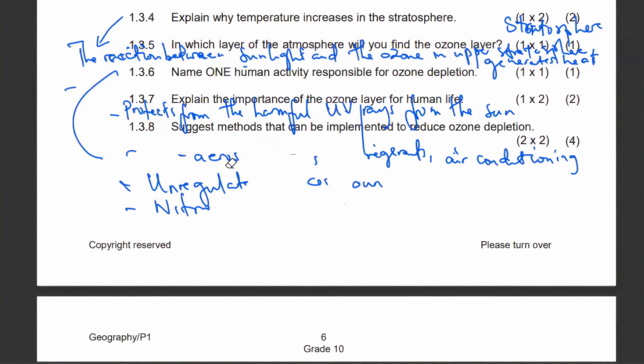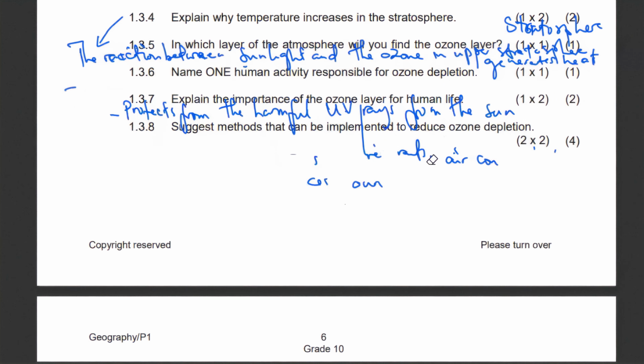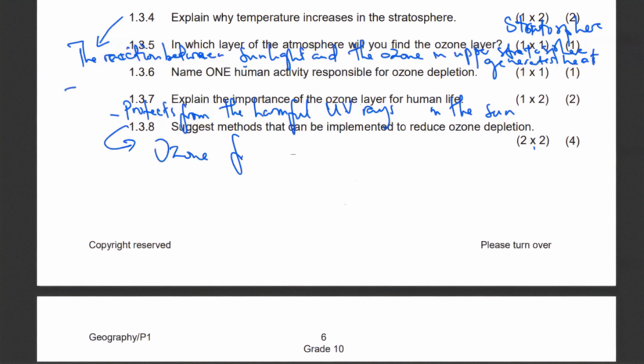Right, then look at the last question. Suggest methods that can be implemented to reduce ozone depletion. What methods can we put in place to reduce the depletion of ozone? We understand that ozone is very important for the reasons highlighted. And what must we do to reduce? We must use ozone-friendly products, desist from using products that cause harm, and use products which are ozone-friendly.